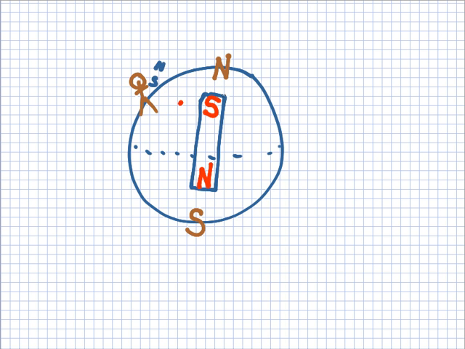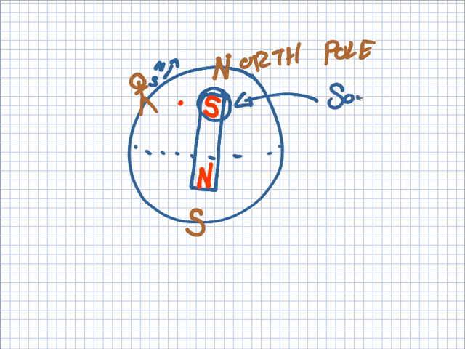So we need the top to be south so that the north points up, because you know magnets, the north and the south attract. So although it's called the North Pole, it's actually the south end of the bar magnet, the imaginary bar magnet that's there.